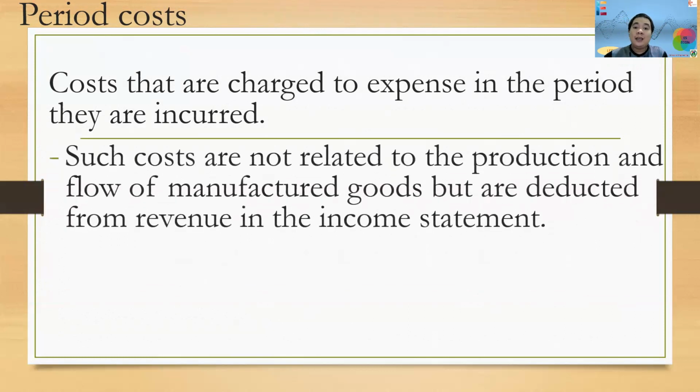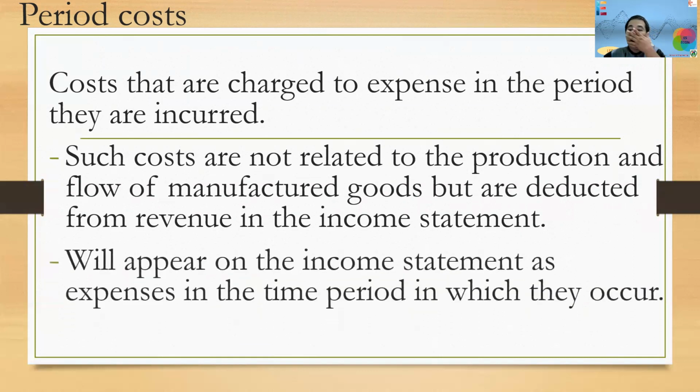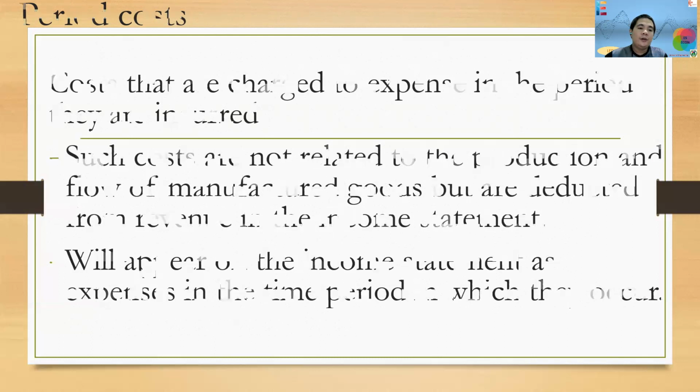Such costs are not related to production and flow of manufactured goods, but are deducted from revenue in your income statement. That is your salaries and wages and depreciation expense, because that should be periodic. It will appear on the income statement as expenses in the time period in which they occur.